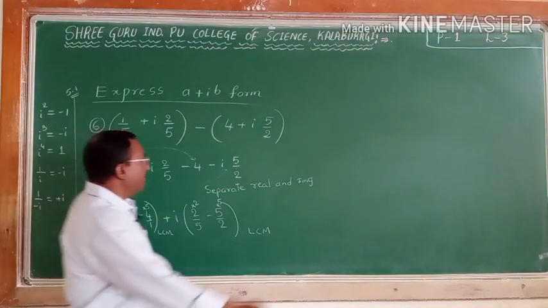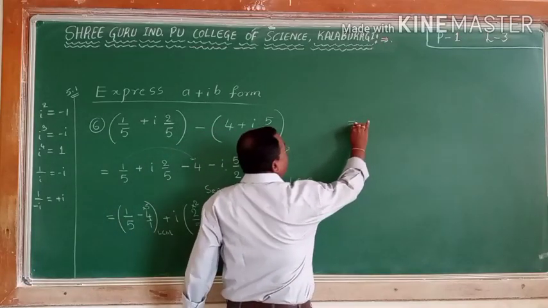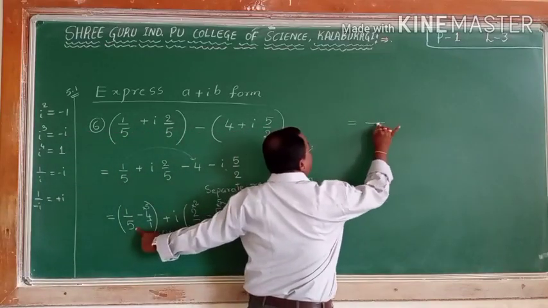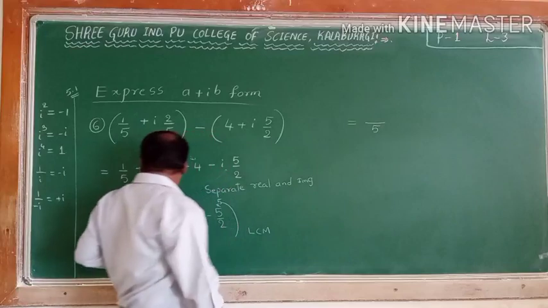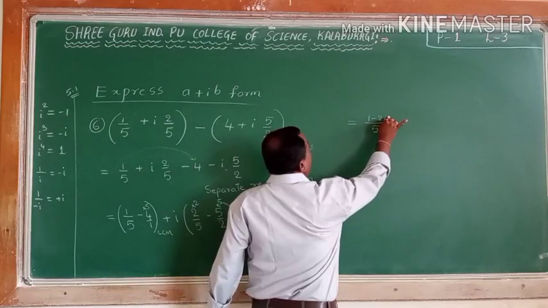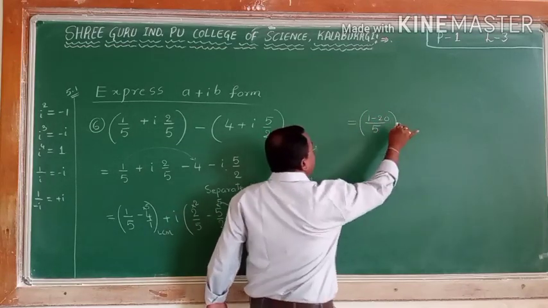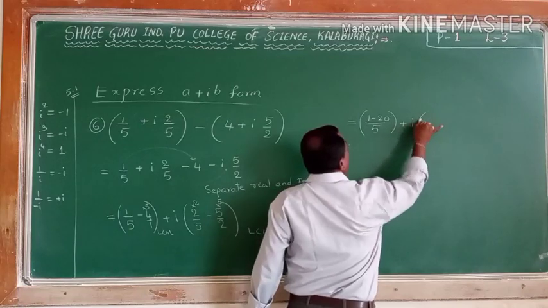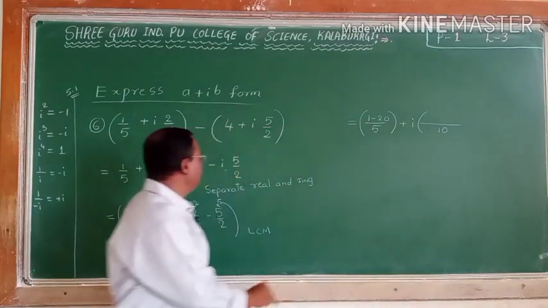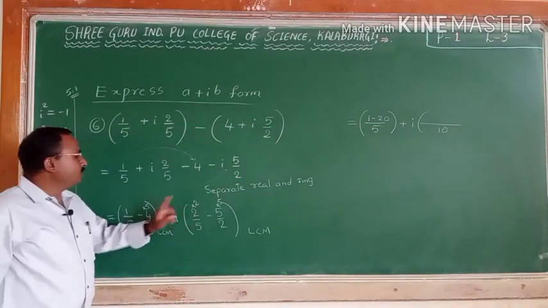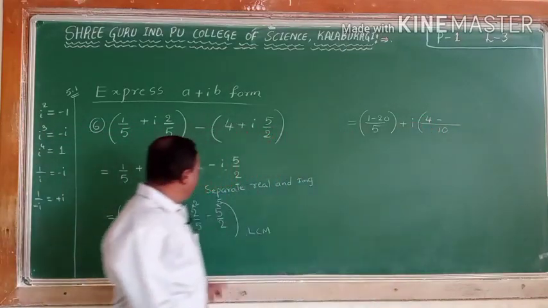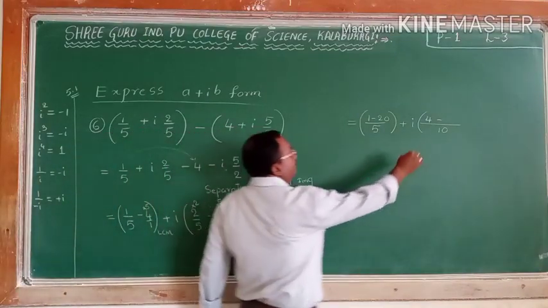Then values are here. LCM is 5. That is 1 minus 20, plus I times, LCM is 5 2 is 10, LCM is 10 in second part. 2 into 2 is 4, minus 5 into 5 is 25.